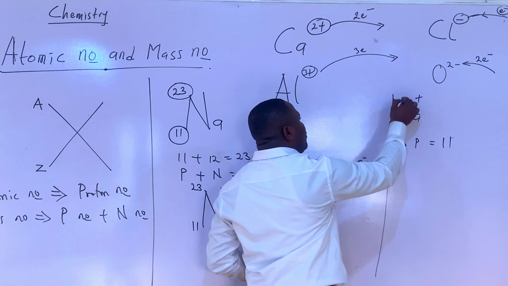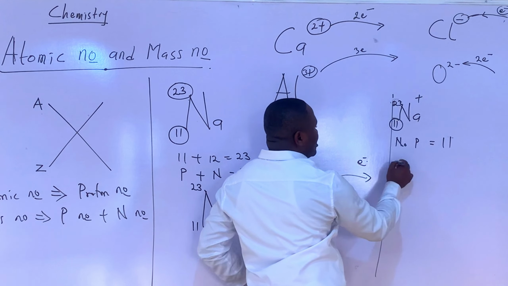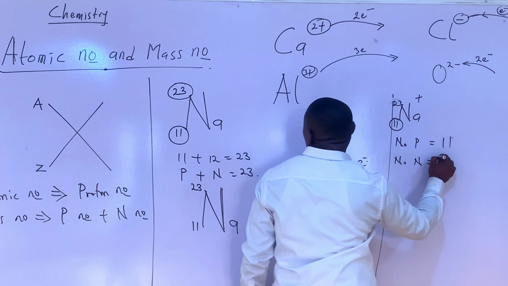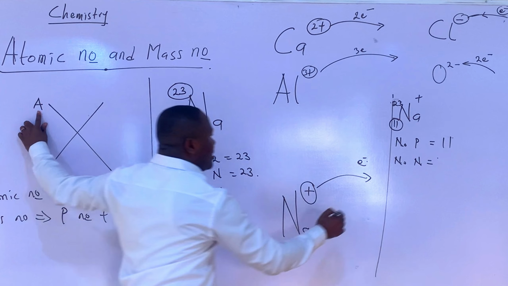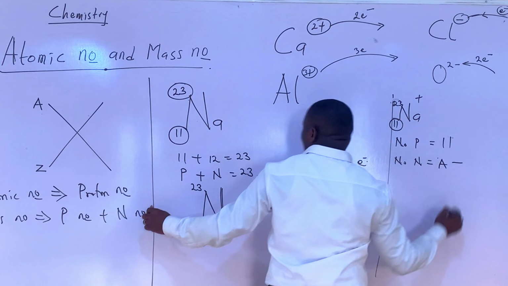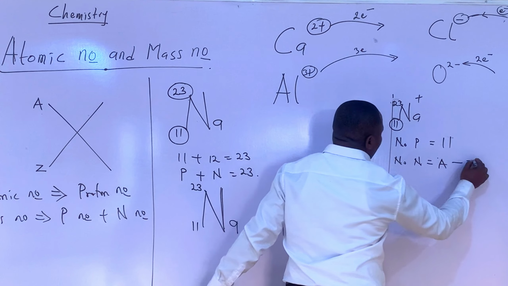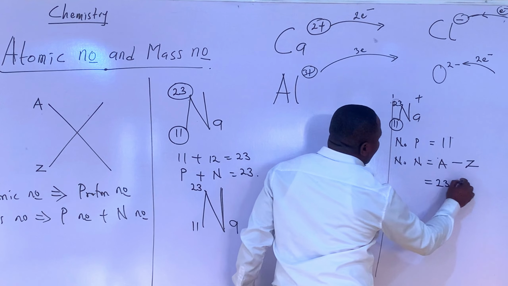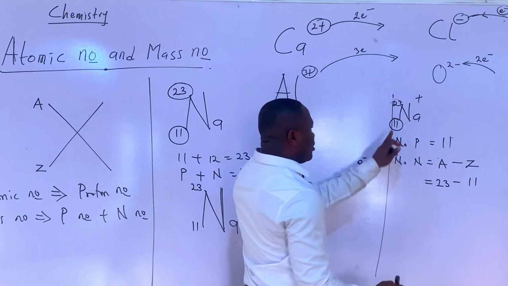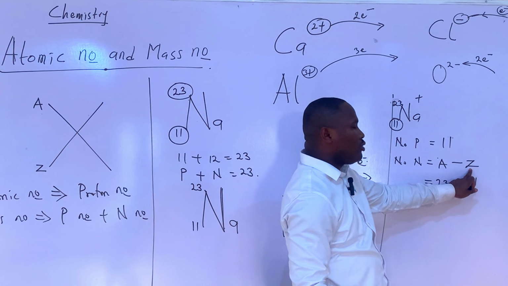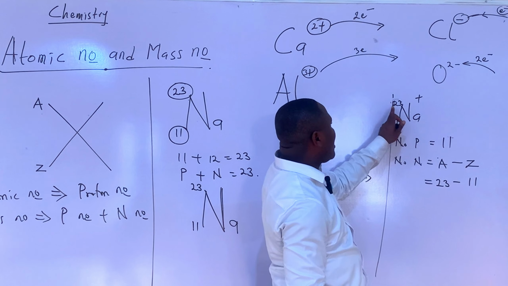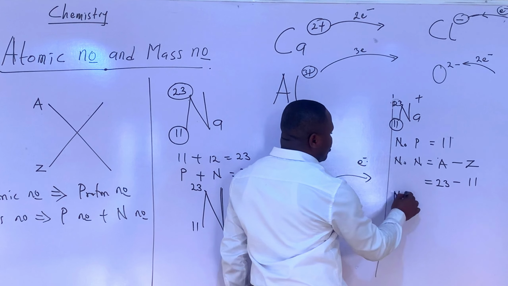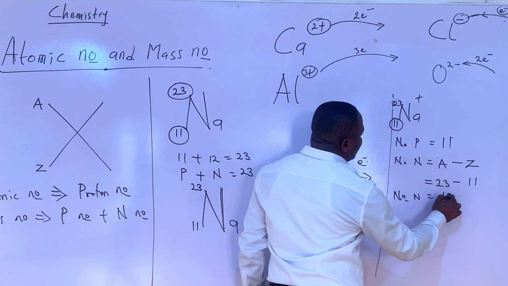The number of neutron will be equal to the mass number, which is A, minus the atomic number, which is Z. So it will be 23 minus 11, because your atomic number is your proton number, 11, while your mass number is 23. So we have our number of neutron to be equal to 12.